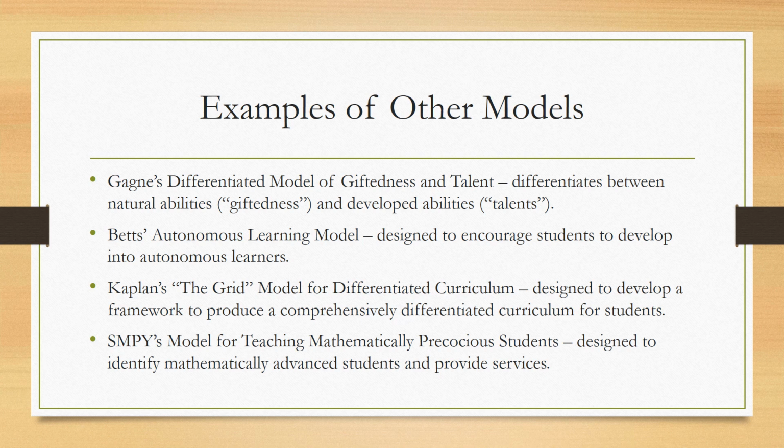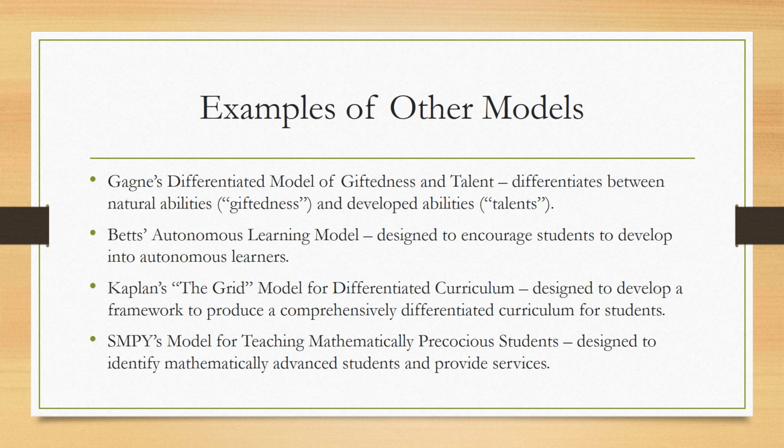Betts' autonomous learning model, designed to encourage students to develop into autonomous learners. Kaplan's grid model for differentiated curriculum. She came up with a whole framework to help teachers produce a differentiated curriculum for students. And finally, Sempe's model for teaching mathematically precocious students.